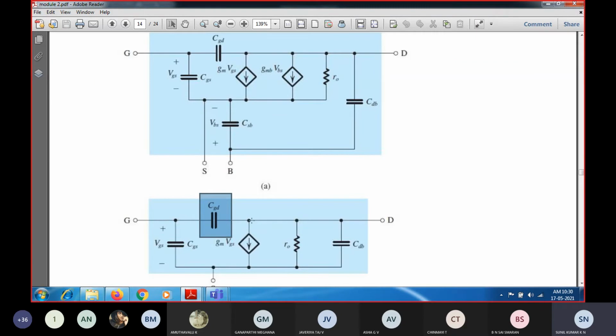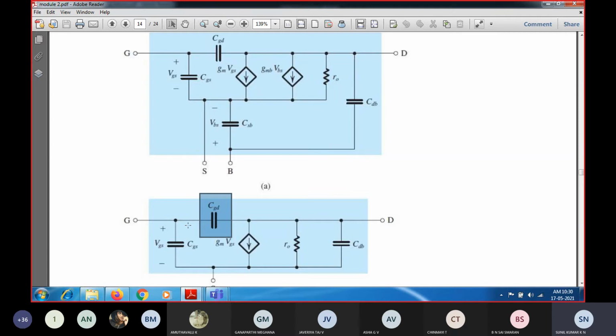So whenever you are going to have any feedback path from the output to the input, obviously the gain will be able to be controlled. Between drain and gate, if you establish any capacitance, then, as we saw in the drain to gate feedback mechanism, when we connect a resistor between drain and gate, that mechanism is going to be negative feedback.